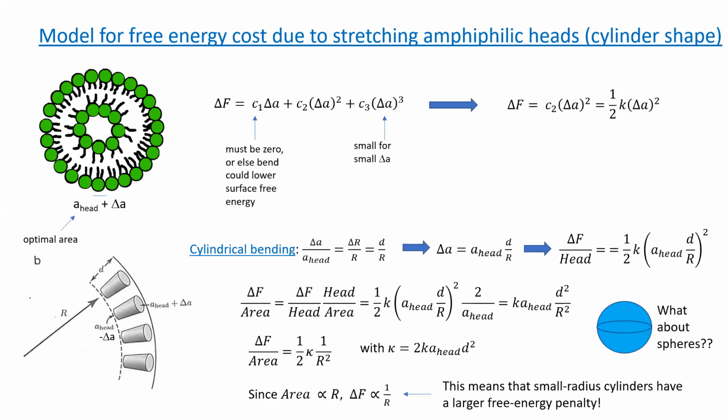Okay, so in summary, we've seen that planar bilayers will tend to bend to reduce the overall free energy, and we have a working model for the bending for a cylinder, and we found that small radius cylinders would be very unlikely to occur because of the large increase in free energy.